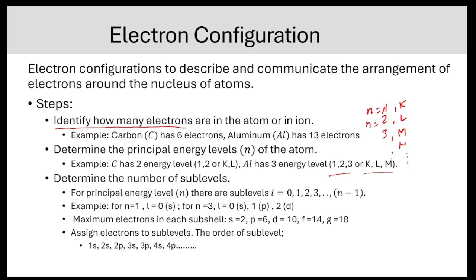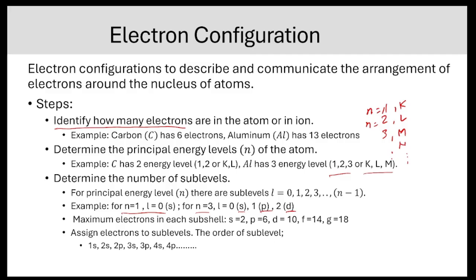The third step is to identify the subshells for each energy level. For energy level 1, there is only one subshell. For energy level 2, there are two subshells, s as well as p. For energy level 3, we have s, p, and d subshells.